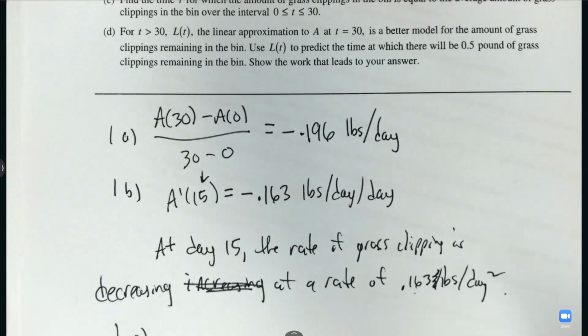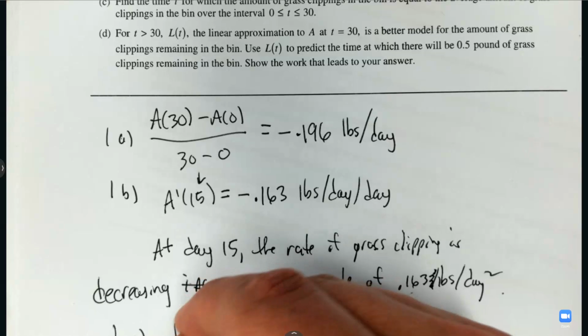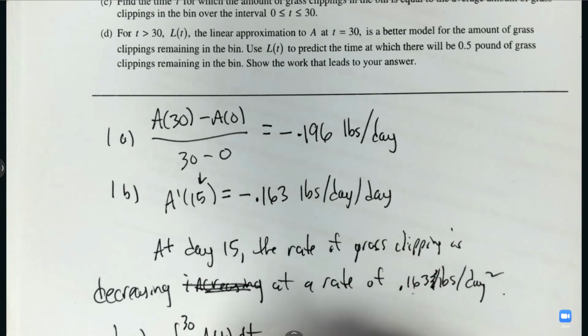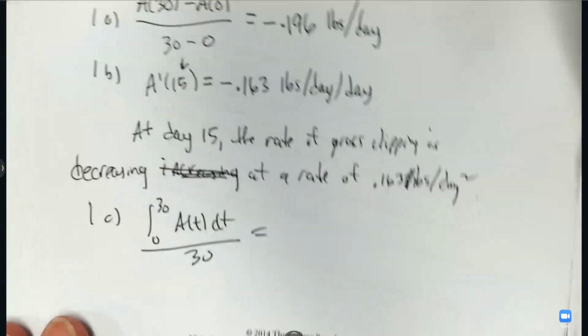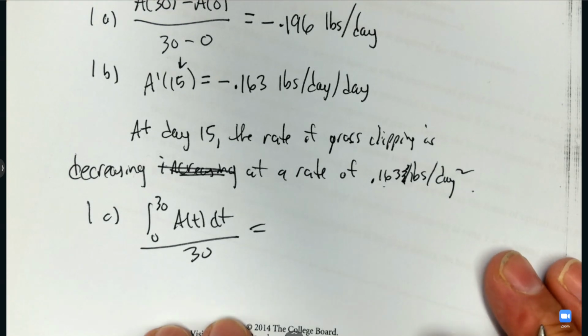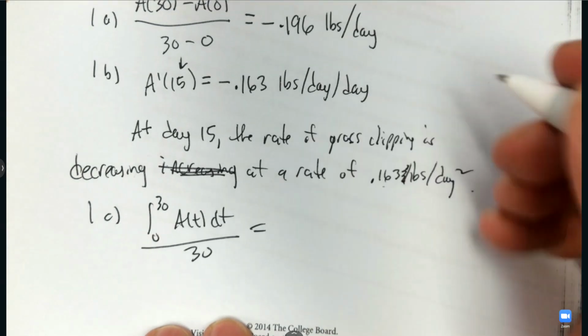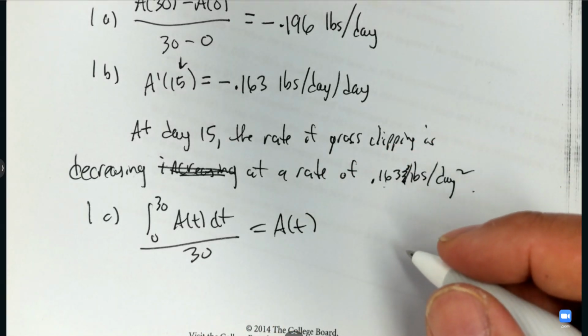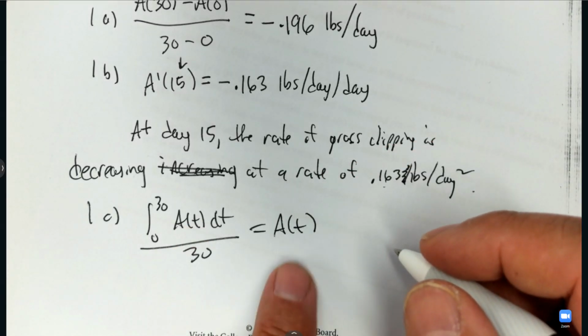So first of all, the average amount would be integrating from 0 to 30, and this is the average value, divided by 30. It is equal to the amount. So we're going to make these equal to each other and figure out what time the amount is equal to the rate.